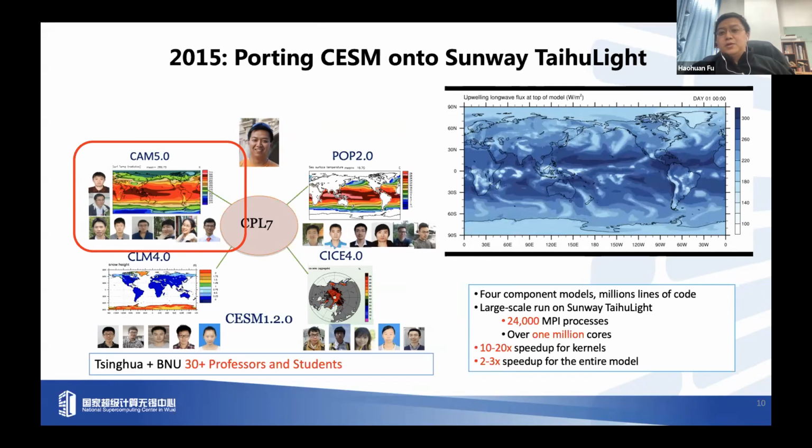And I should use the word very intimidating for the young students. So a lot of them chose to drop out of the project after the 3 months of effort, because it's really very challenging work if you don't have a very good climate background to come along the way.